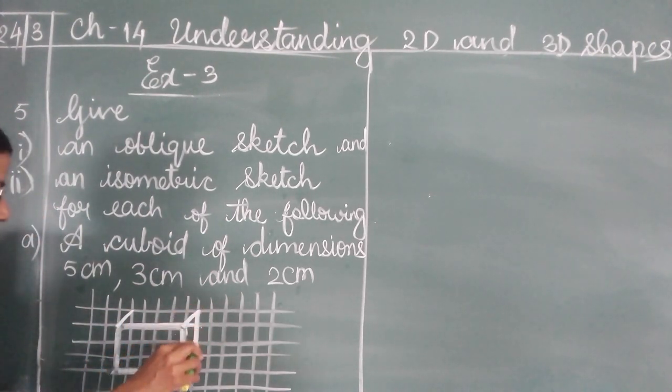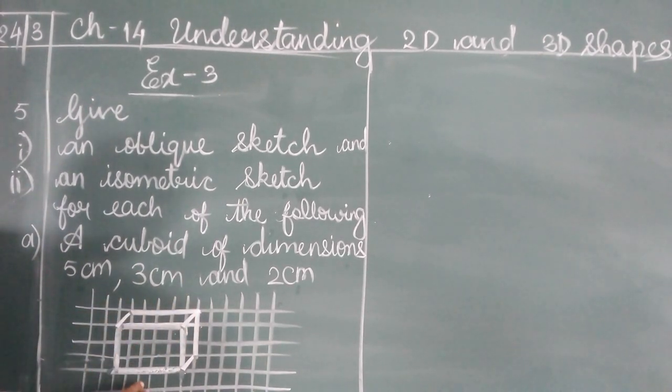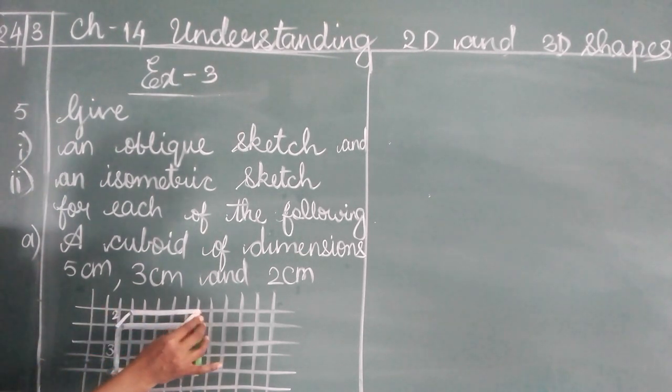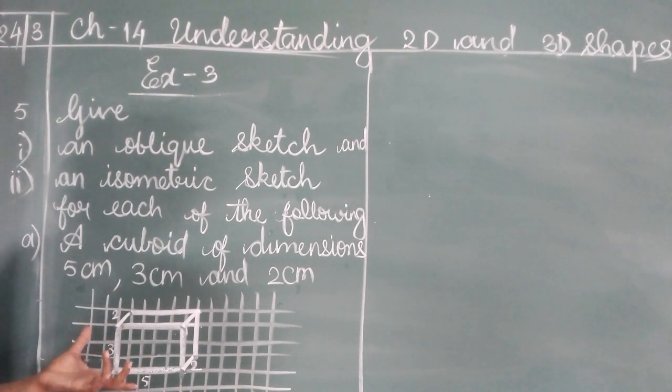Like this, we are going to join and the measurements we are going to write. This is 5, this is 3 and this is 2. Yes, this side also 2. Understood this, children? Draw this in your class workbooks. On the graph paper you have to draw, cut it and paste it in your class workbook.